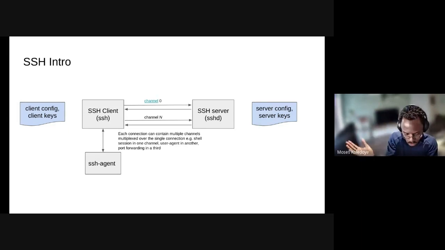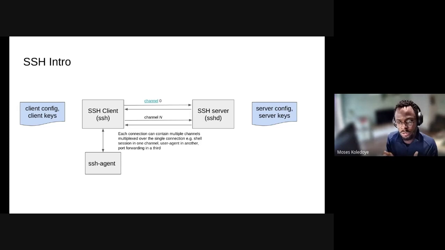So imagine you have one TCP connection. A TCP connection, you could imagine like a tuple. You have a tuple of source IP address, source port, and then you have destination IP address and destination port. And then let's assume that tuple defines a connection. On top of that connection, you can have multiple channels multiplexed, and the protocol itself guarantees that one channel will not snub out or overstep the connection.